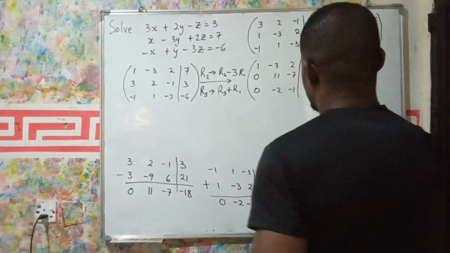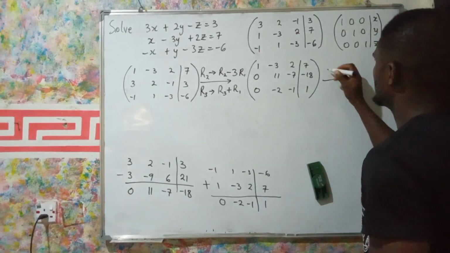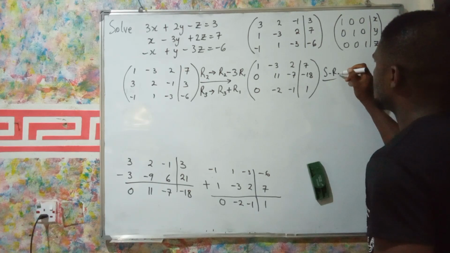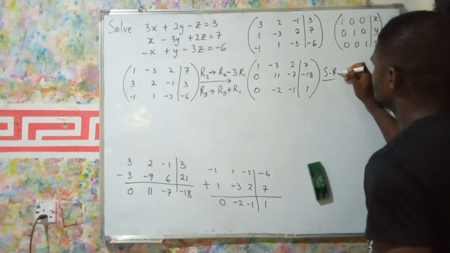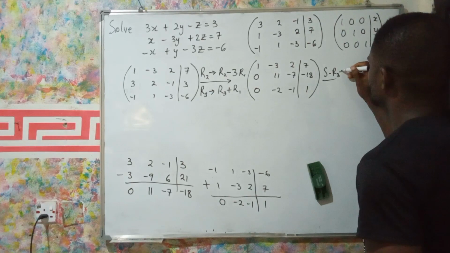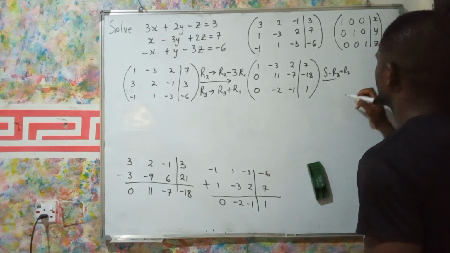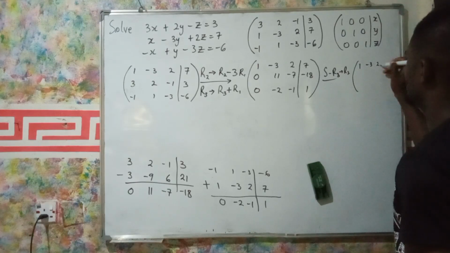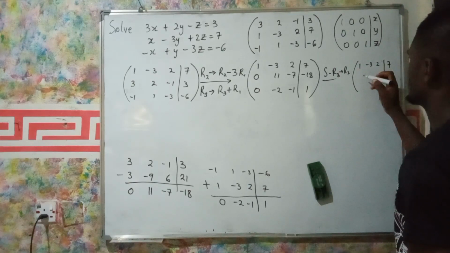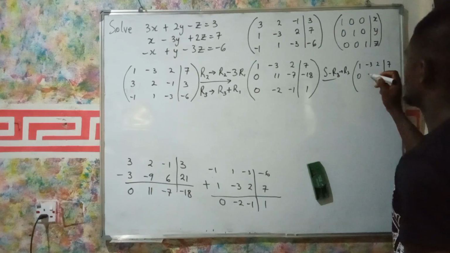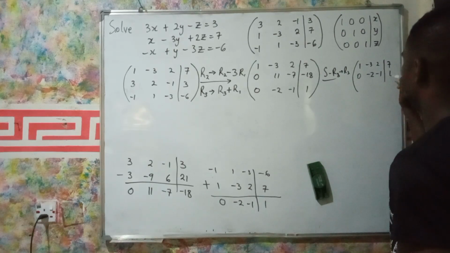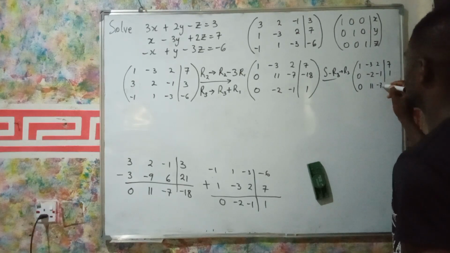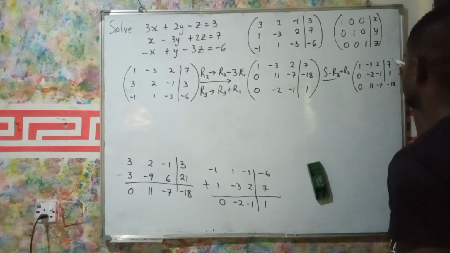If we swap row 3 to row 2, the first row is still 1, minus 3, 2, the result is 7. Second row will now be 0, minus 2, minus 1, 1. And then the third row will now be 0, 11, minus 7, and minus 18.